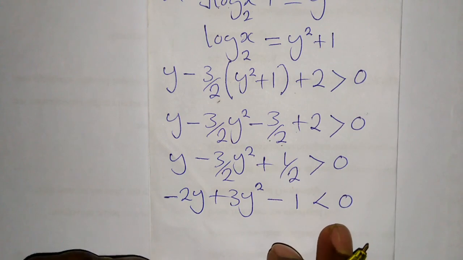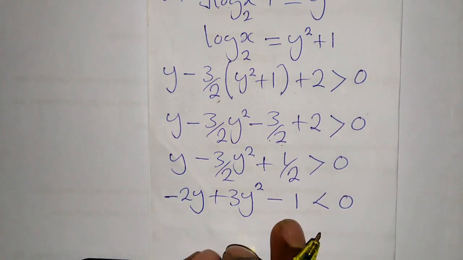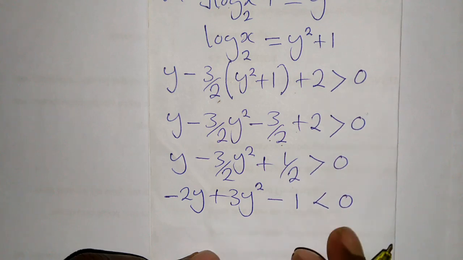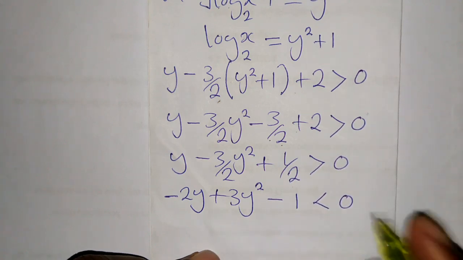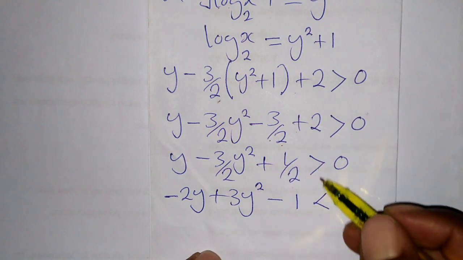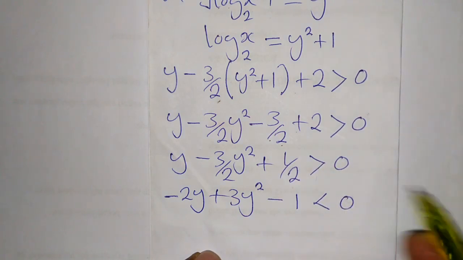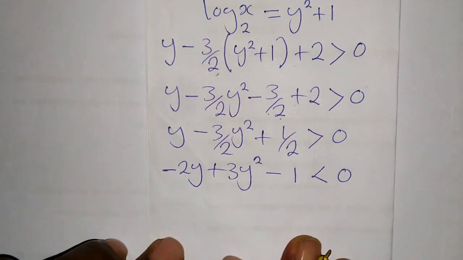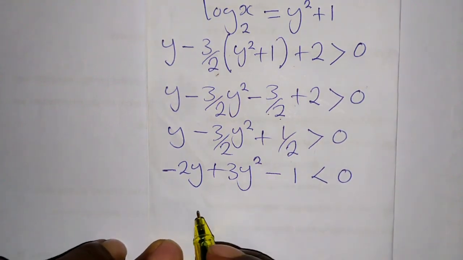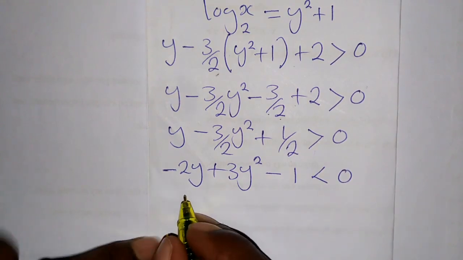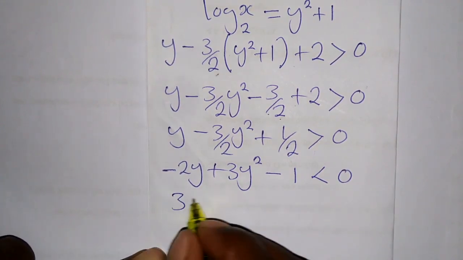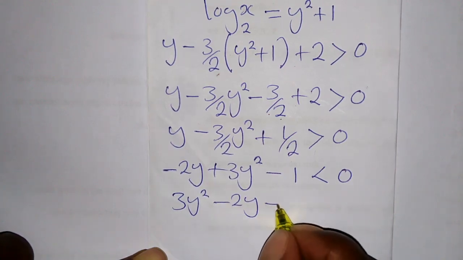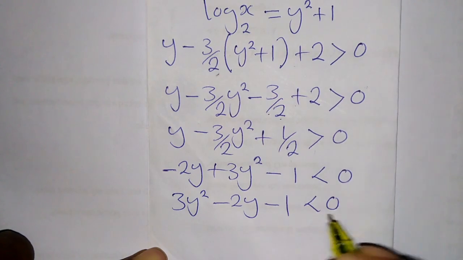If you multiply both sides of an inequality with a negative value, then the inequality sign is going to change, as we have it here. Now, we can rearrange. If we rearrange this equation, we are going to have 3y squared minus 2y minus 1 less than 0.